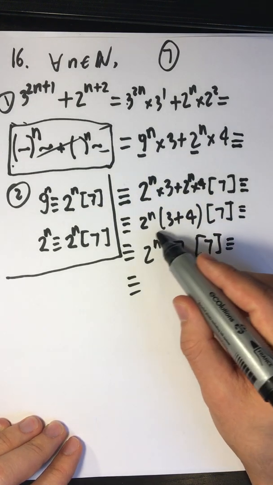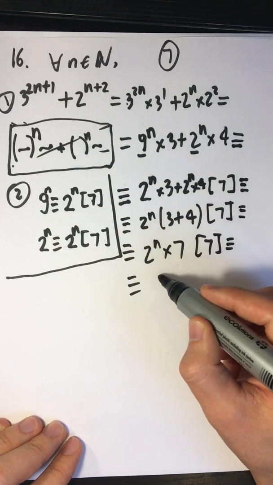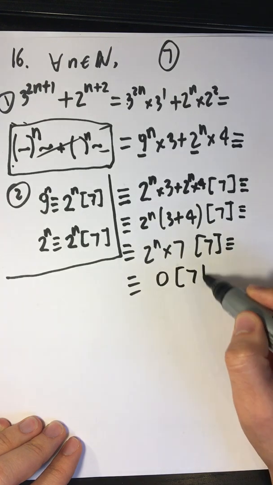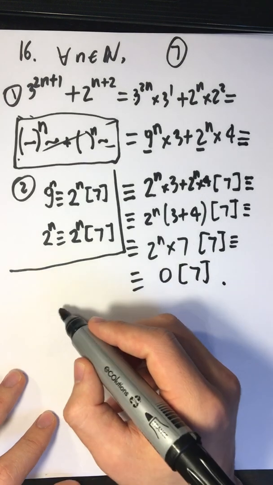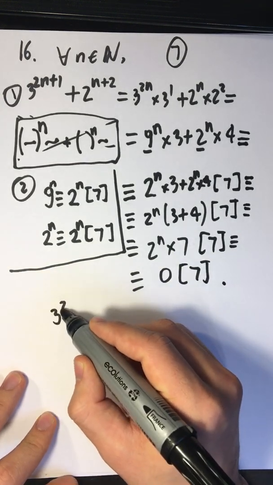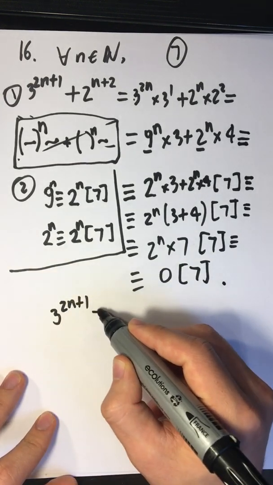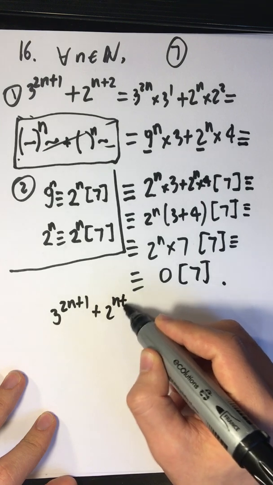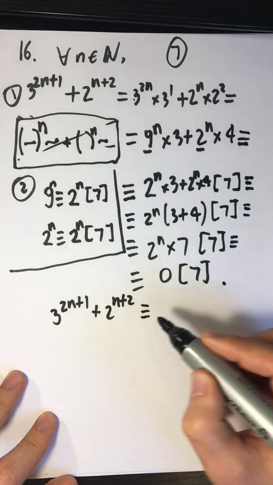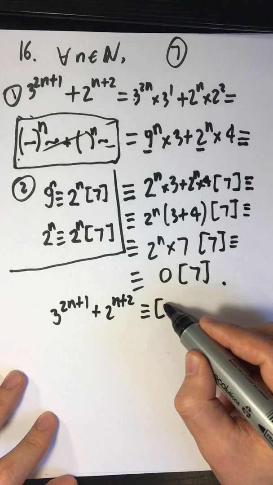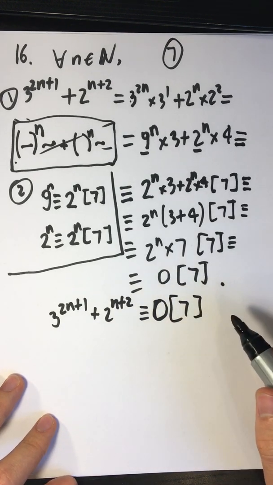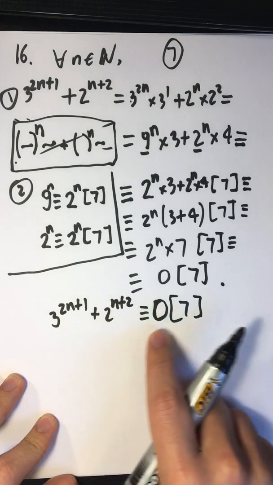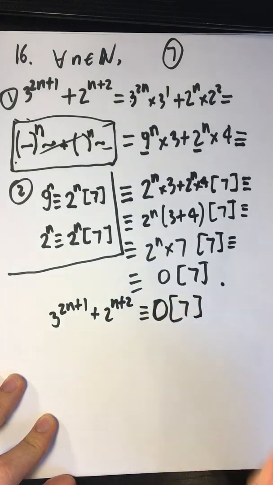So if you divide this thing by 7, the remainder is 0. What it means is, it's proved. At the end, 3 to the 2n plus 1 plus 2 to the n plus 2 mod 7 is 0. It means that this expression is divisible by 7, so we proved it.